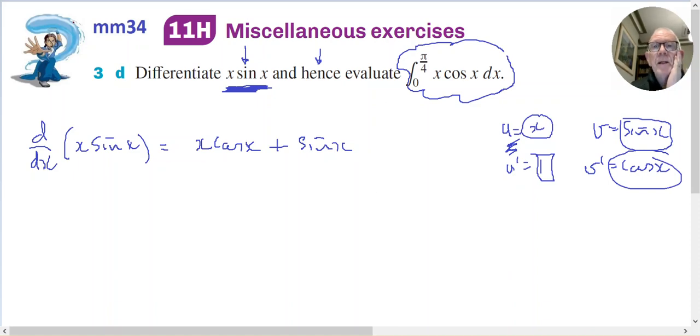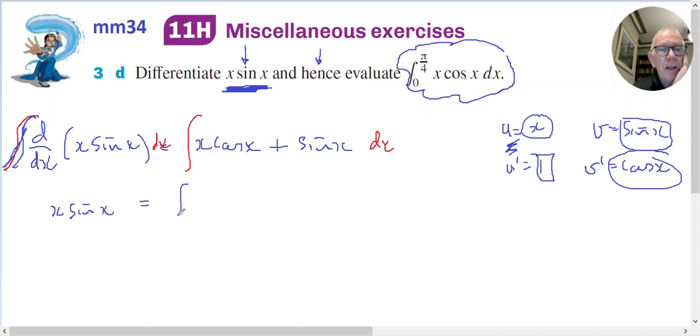Now I'm going to anti-differentiate both sides with respect to x. So I'm going to take the antiderivative with respect to x and the antiderivative with respect to x. And that's going to give me the antiderivative of the derivative of x sine of x is equal to x sine of x.